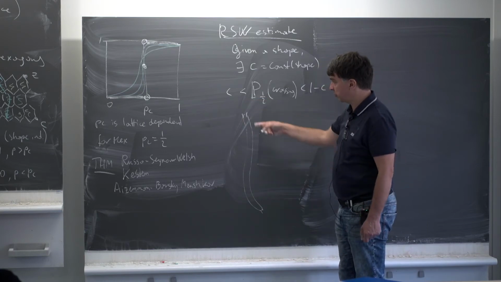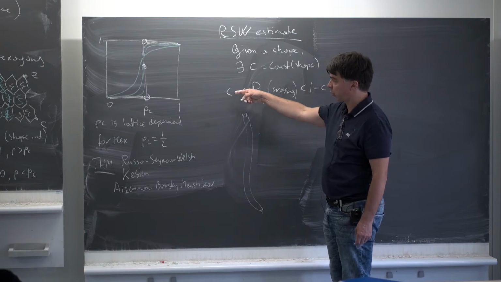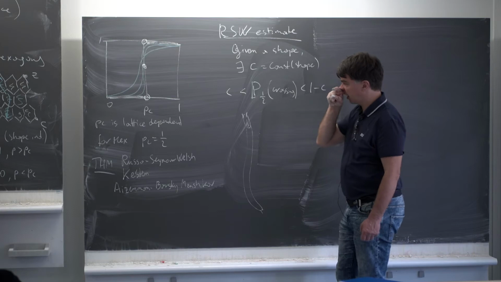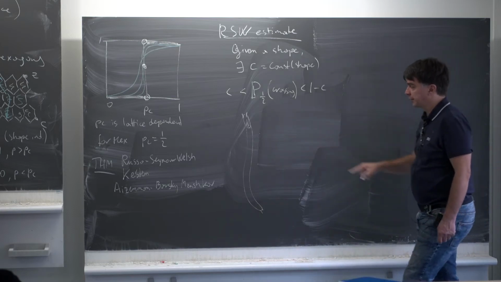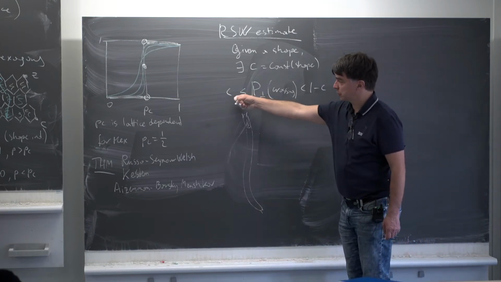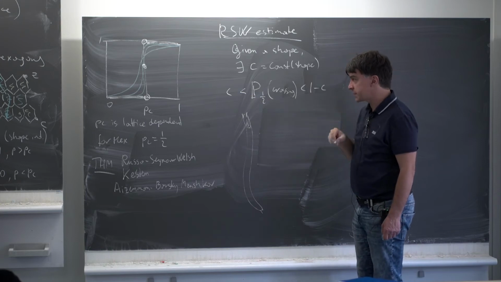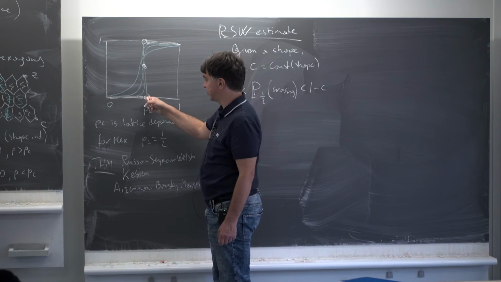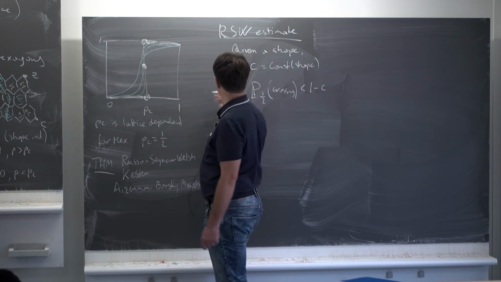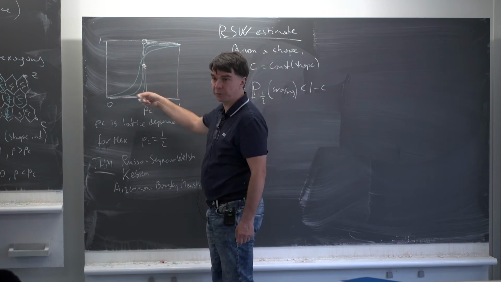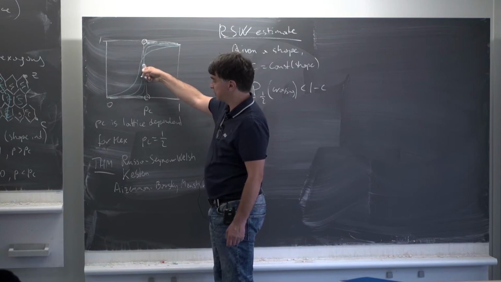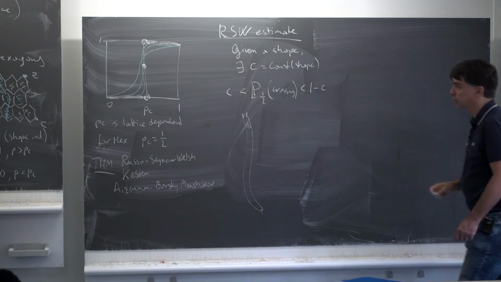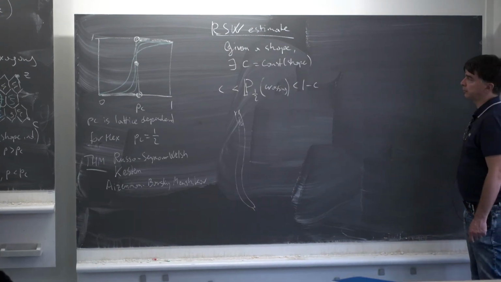But still there will be some constant, very small, such that no matter which mesh I put, the probability of this crossing is bigger than C. And this kind of indicates that PC should be equal to 1/2, because you have some non-trivial estimate. So this is an indication that PC is equal to 1/2, not a proof yet.